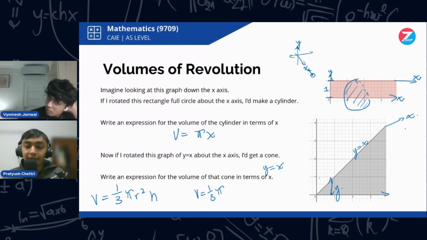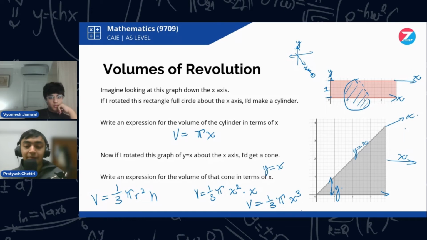So you can write radius squared is x squared. And interestingly, look here. What's the height, or how far it goes in this direction? That's also x. So interestingly, our volume is 1 by 3 pi x cubed. Curious, huh?